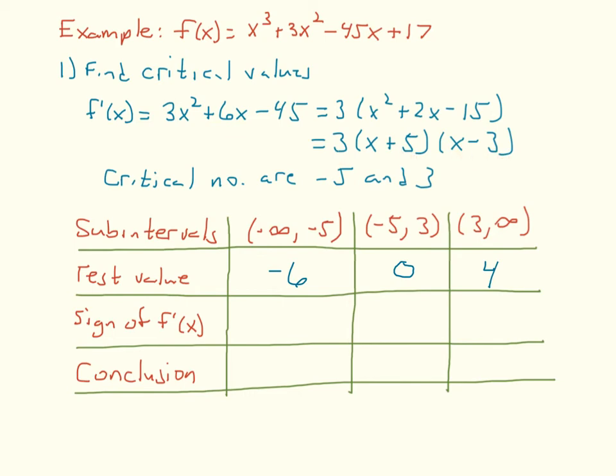If I take a positive times a negative, I know I'm going to get a positive result. Therefore, the sign of f prime of x when we use negative 6 is positive. And so I know that f of x is increasing on the interval from negative infinity to negative 5.